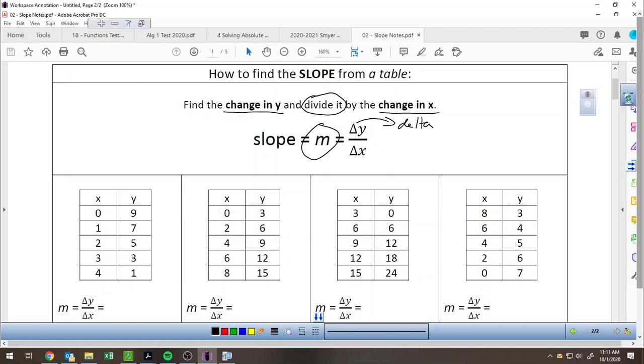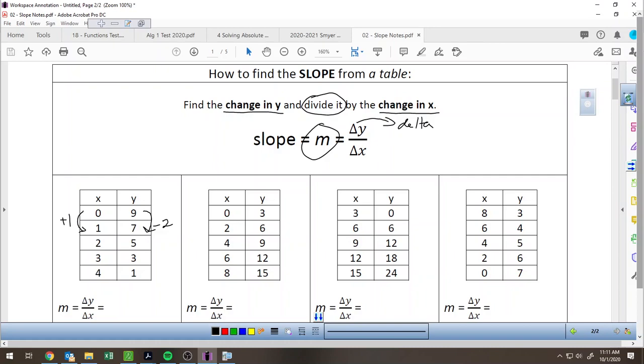Let's figure out this first table here. I want my change in y. So what is my y doing from one y to the next y? It's subtracting 2. What's my x doing from one x to the next x? It's adding 1.